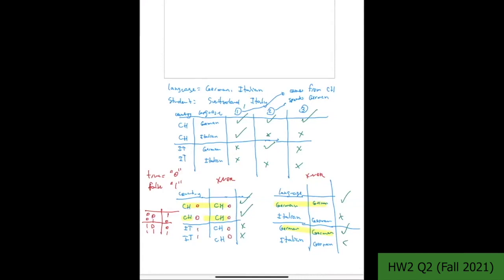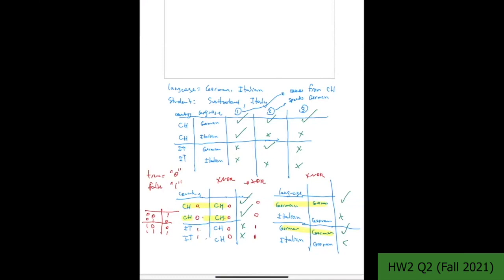So if I do XOR instead of XNOR, I'm going to have that 0, 0 is going to be equal to 0, 0, 1 is going to be equal to 1, 1, 0 is going to be equal to 1, 1, 1 is going to be equal to 0. And same thing here.